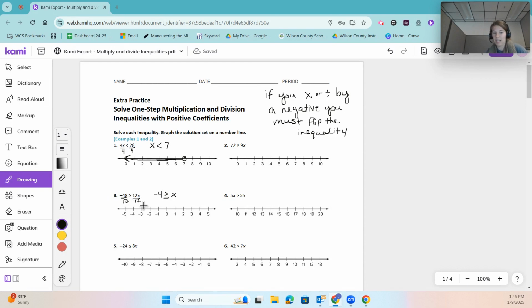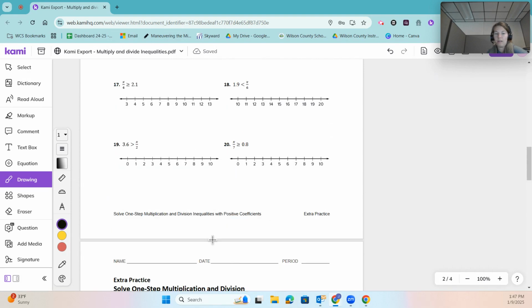Everything stays the same. So I'm putting a closed circle at negative 4, and my arrow goes in the direction of numbers that negative 4 is greater than, so toward negative 5. There are several more for you to try like that.